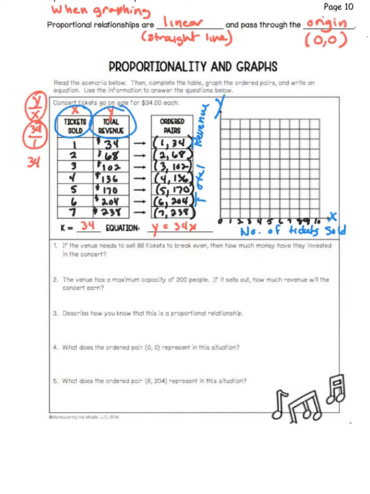Wish this was a little bit bigger. Hard to write that small. And now, once again, these numbers were easy to see. Each grid mark went up by 1. But if you notice, as we look at our table, each time we go up, we're increasing by 34. So this is constant. After all, it is a constant of proportionality.